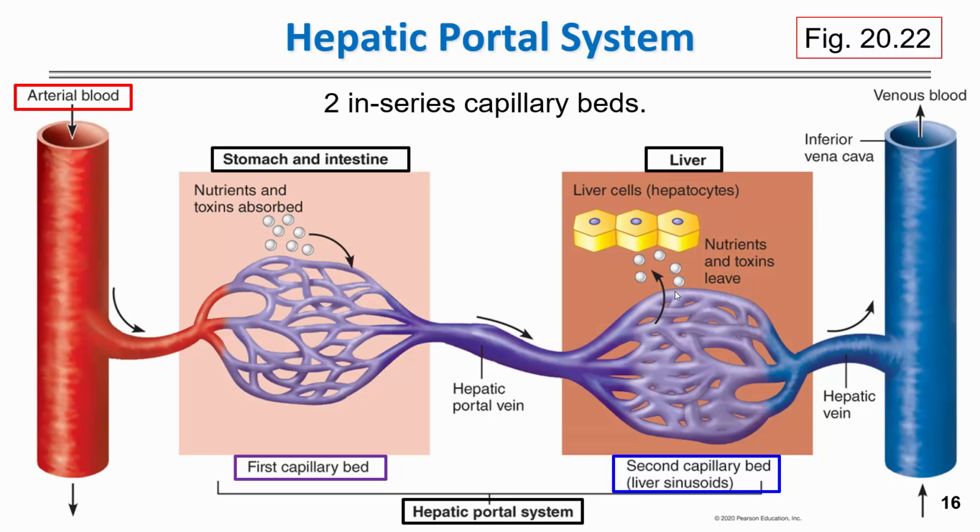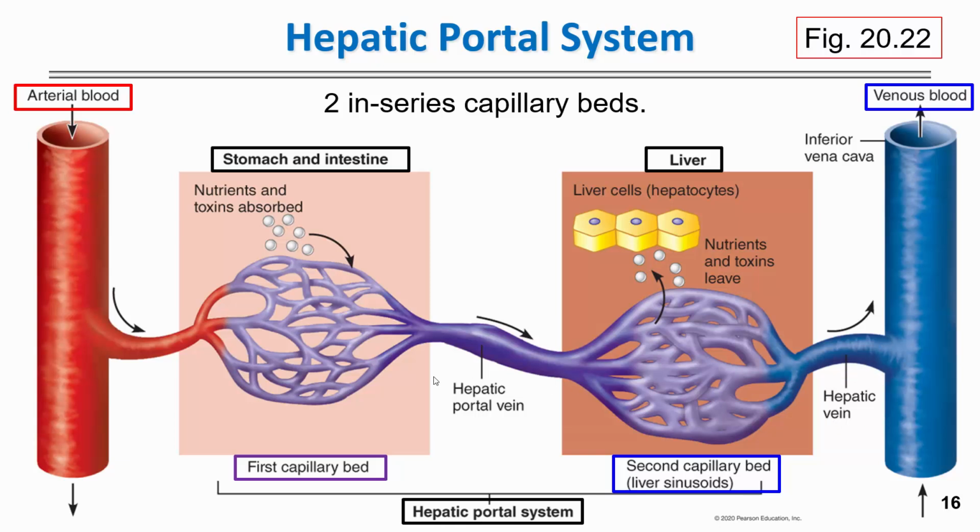One example is that the liver will take glucose molecules from the blood and put those molecules into storage in that tissue, and then the metabolic end products of liver cells will move into the second capillary bed that will then return to the general circulation through the hepatic vein.